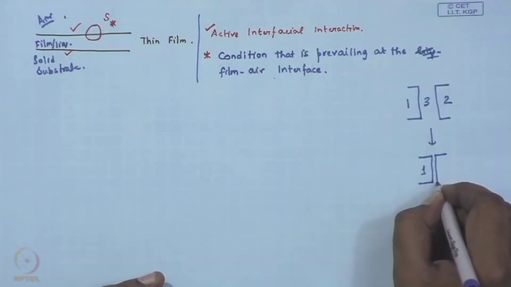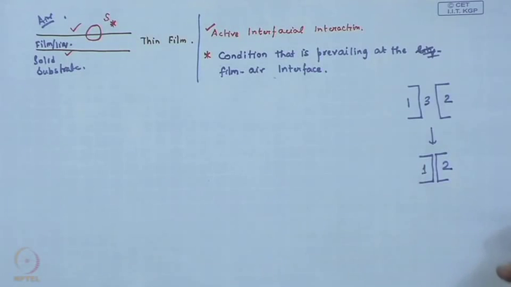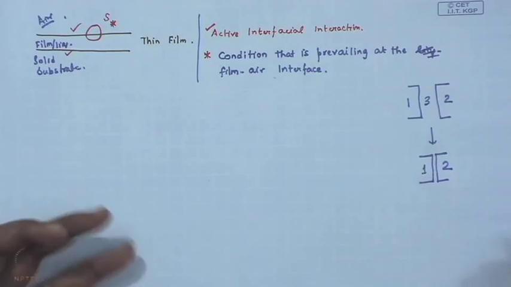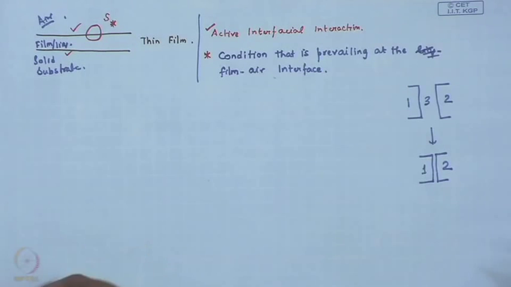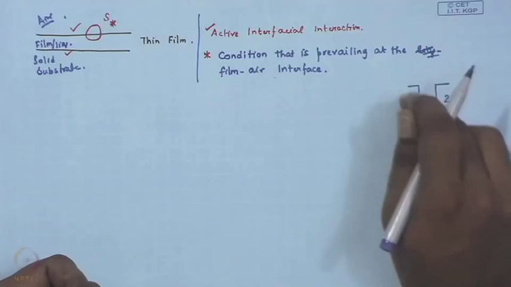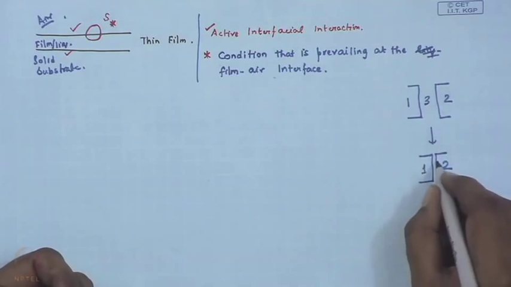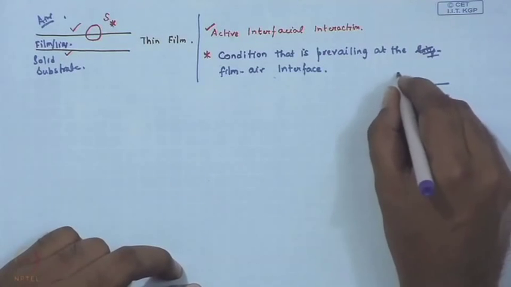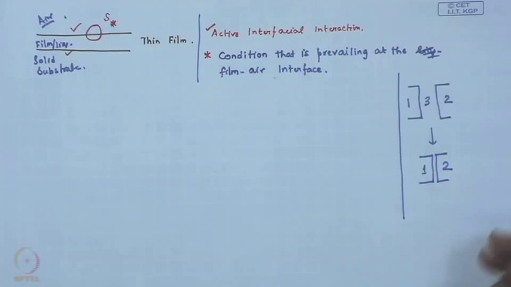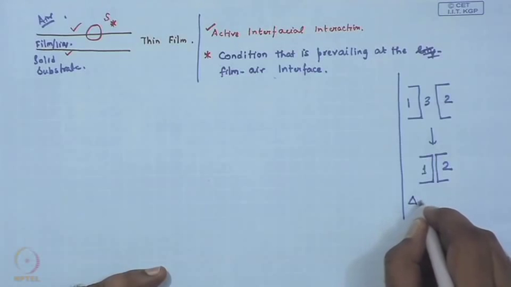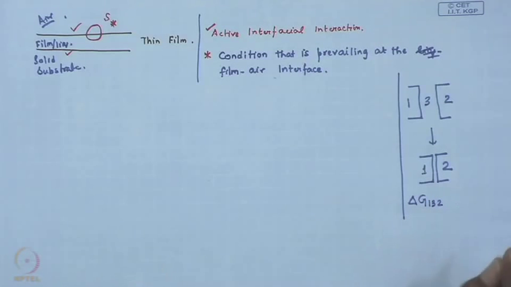So, this is fine if you are looking from the standpoint of coagulation. You definitely want a situation where 1 and 2 come in contact by dislodging 3. And as we argued, there has to be an interfacial attraction between 1 and 2, and that results in a situation like this. We all understand the corresponding change in the delta G 1 3 2, whether it is negative or positive.